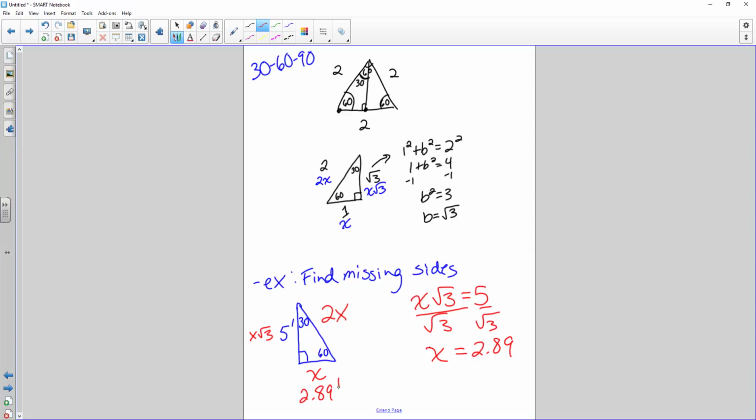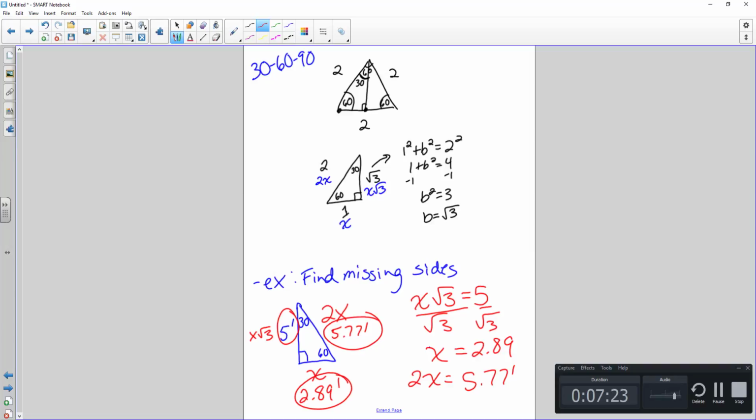And then to get the hypotenuse, if I double that, I'm going to get 5.77. So if we look around, 5.77 feet, 5 feet, 2.89, 5.77, that seems reasonable for the three sides of that right triangle.